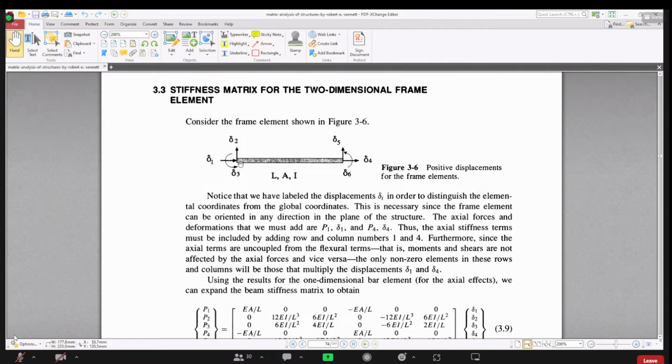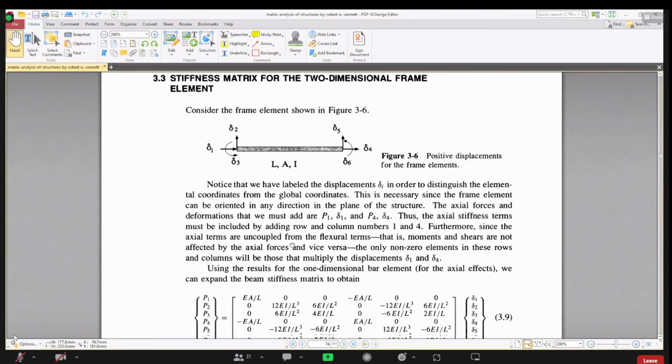Now, for frames, we have an additional translation along the axis of the frame member, so there is a horizontal or axial component. That makes 3 degrees of freedom per node. Per frame element, with two nodes, that makes 6 degrees of freedom, the total number of degrees of freedom for a frame element.